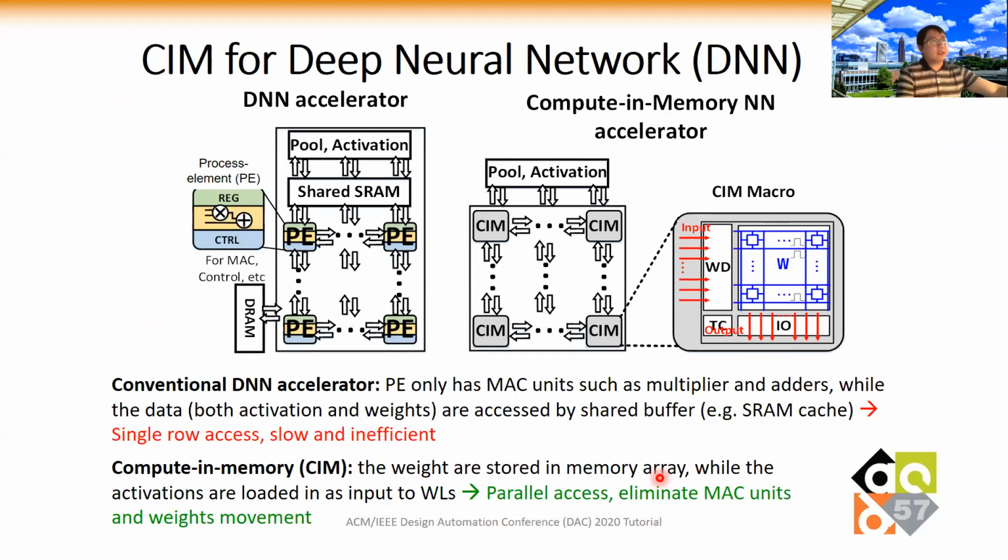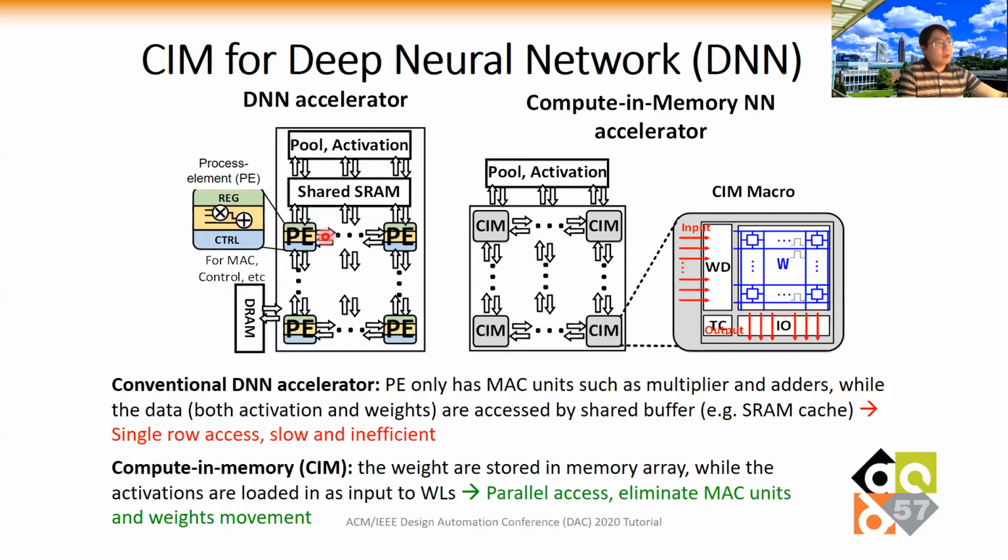Let's look at the basics of the computing memory approach compared to, let's say, conventional digital ASIC-based accelerators such as TPU. On the left-hand side, we have the conventional accelerator architecture. Here, it typically consists of many PEs, processing elements, which are built upon digital multipliers and adders.